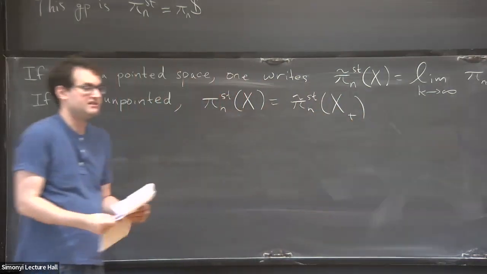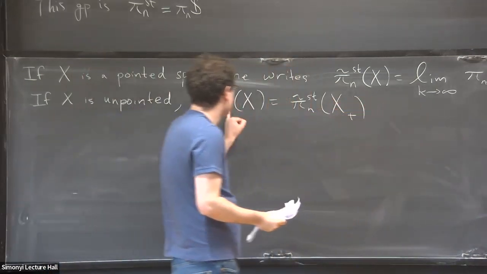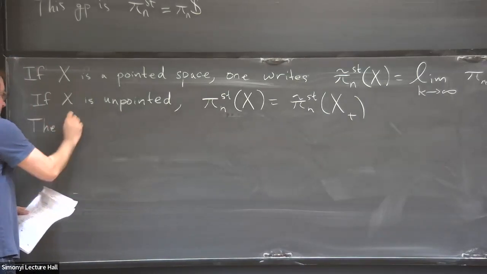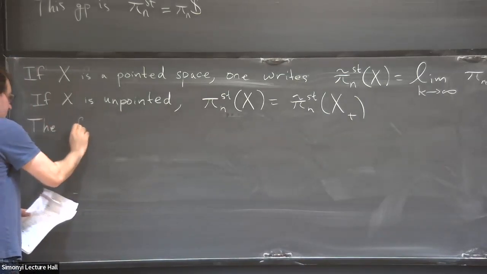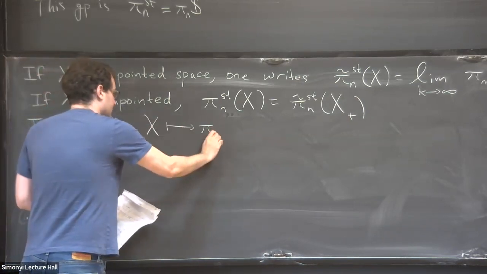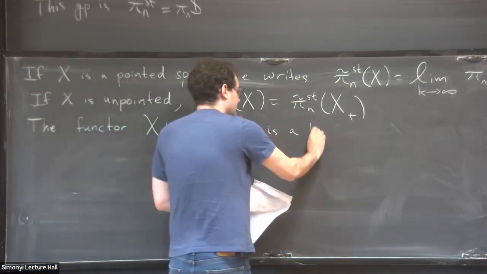So you just add a disjoint base point and take this limiting thing. So this is a homology theory. So the functor X goes to π_* stable of X is a homology theory.